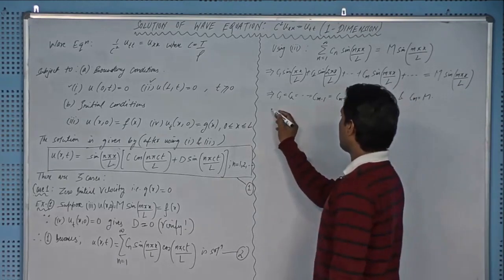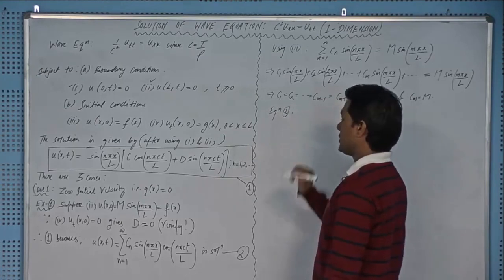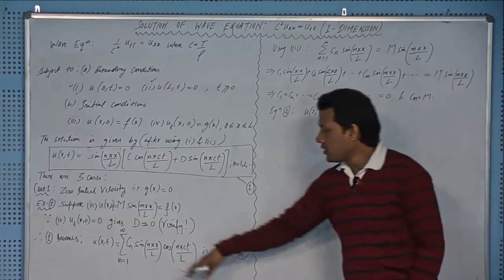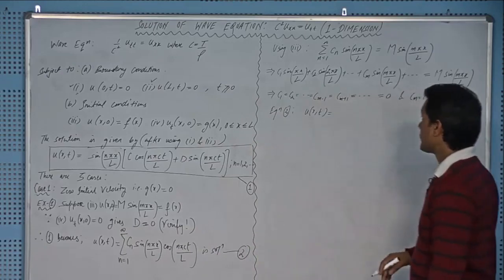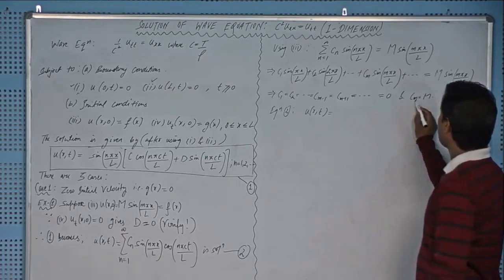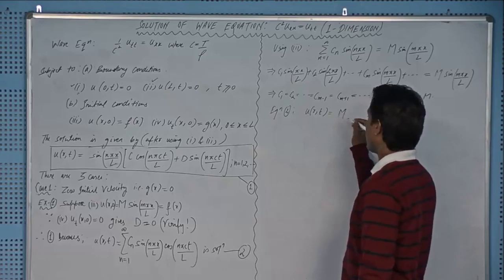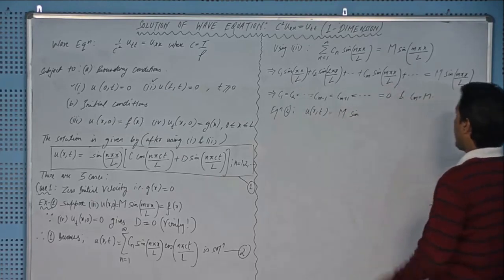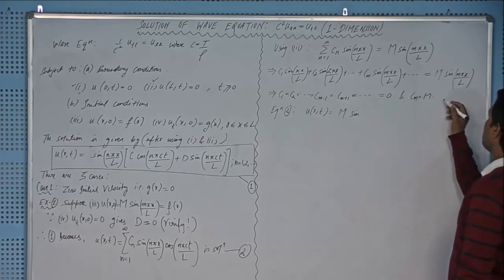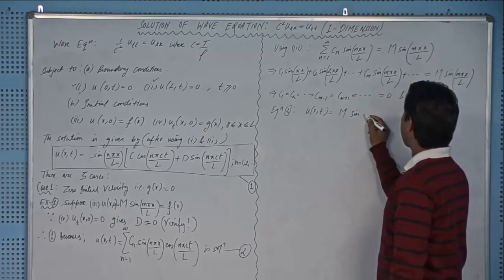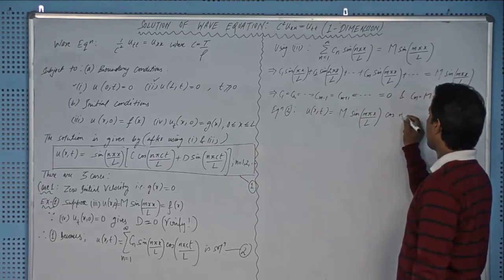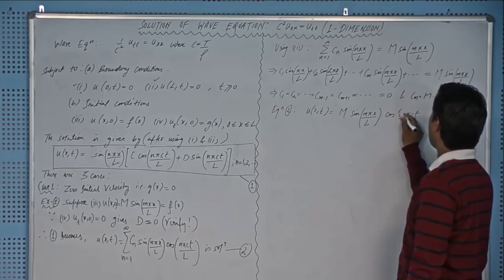And then putting this in equation 2, I will be getting u(x,t) equal to, since of all the infinite terms only one term is live, that is Cm equal to M, I will put Cm equal to capital M here, and sine(m pi x over L) and cos(m pi c t over L).